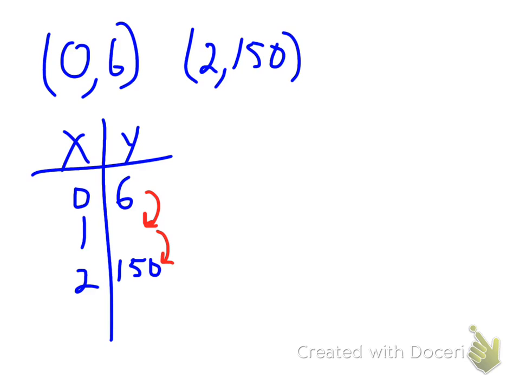Yet another way that we figured out how to do this. So all these different ways work. I'm just giving you multiple options so you can see which one you like. These are all y equals a times b to the x. These coordinate points are x, y values.